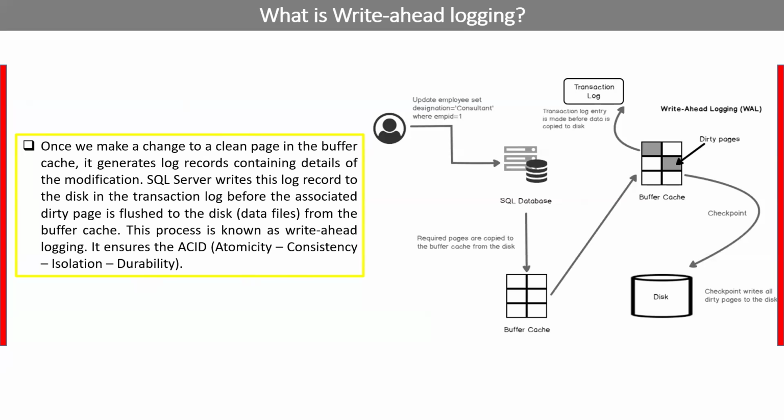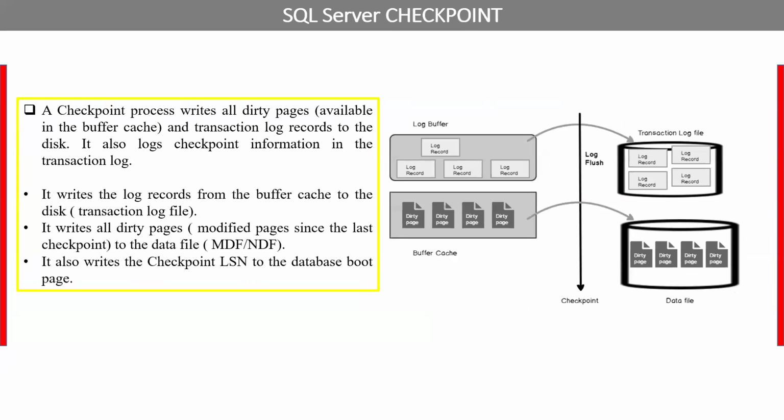So this is about clean page, dirty page, WAL, checkpoint. And the checkpoint, sir, whatever I explained. Checkpoint is a process writing all the dirty pages available in the buffer cache and the log records to the disk. Whenever checkpoint is triggering, it is not only moving the dirty pages, sir.